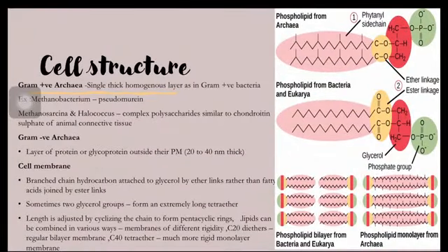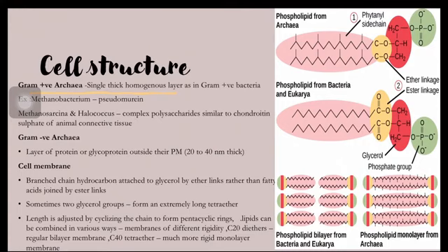Cell structure of archaea: they can stain either gram positive or gram negative. The cell wall, if it is gram positive, appears like a single thick homogeneous layer as in gram-positive bacteria. That means gram-positive bacteria contain a thick layer of peptidoglycan.